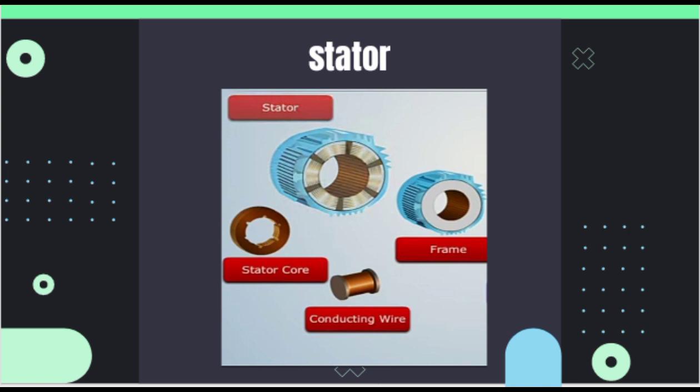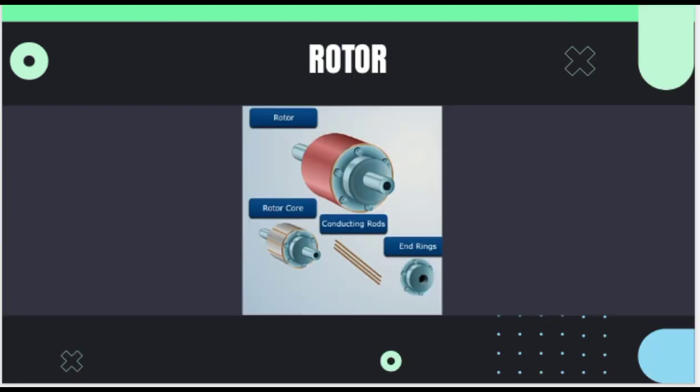Conduction wire is made of copper wire and is used to form the static coil, and the frame is made of close-grained alloy cast or fabricated iron. Its outer surface consists of cooling fins in order to increase the heat dissipating area without increasing the overall diameter. It gives support and protection to the other parts of the motor.